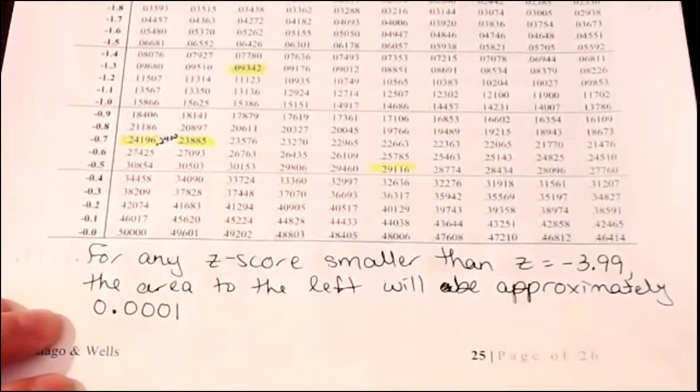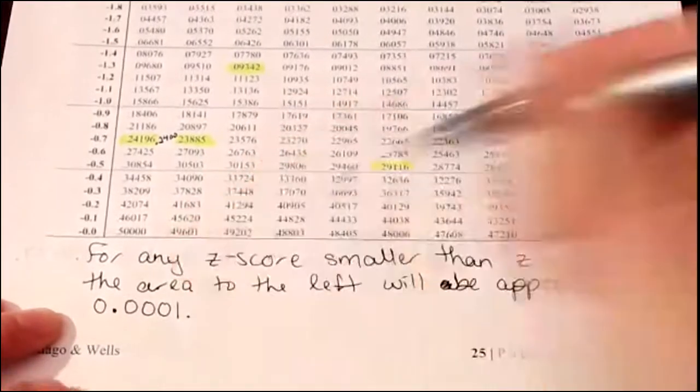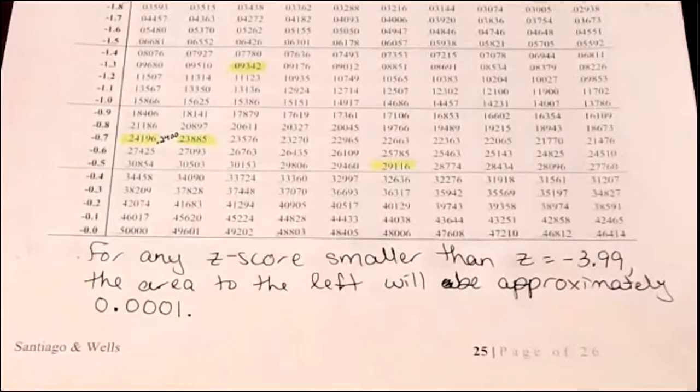So 3 zeros, then a 1. That's the approximation. That's what we'll use if we ever see a z-score smaller than negative 3.99.